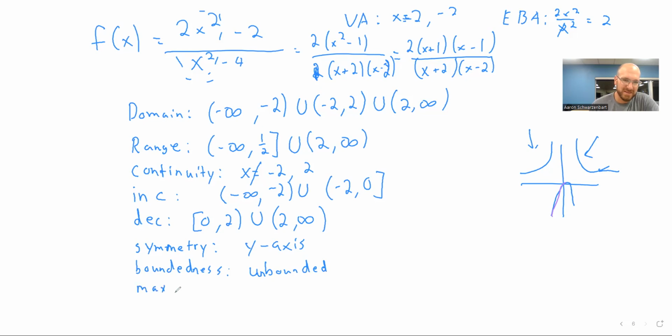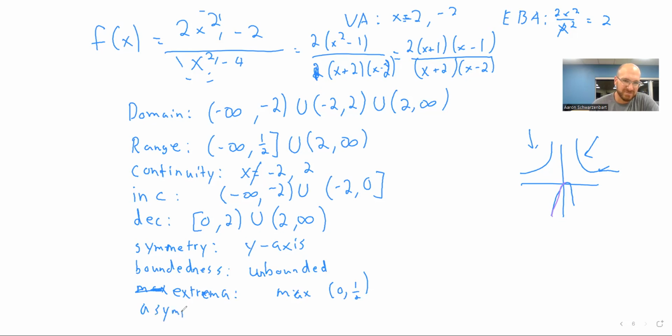Max, min, or extrema is what I like to call them when I list this on your tests and quizzes. It has a max at 0, 1/2. Asymptotes. I'm going to spell asymptotes correctly.